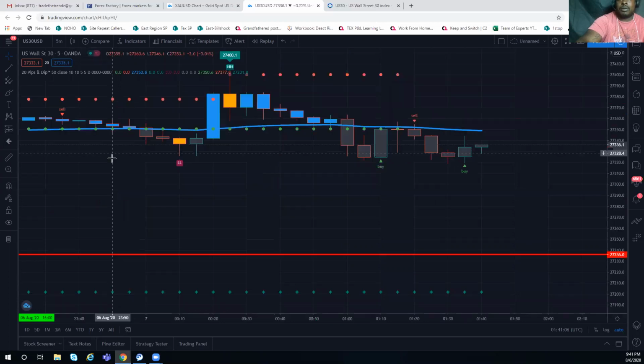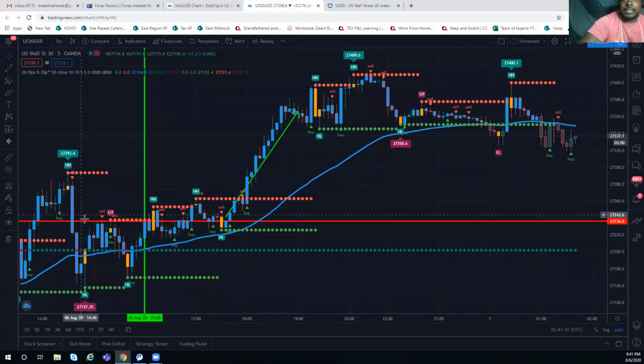And then what I look for is the next candle that was a buy that closes, right? We see this ends in a sell, this ends in a buy. So I'm like, okay, kind of waiting. But by the time I look at the 5 minute chart, this is the candle I see, right?